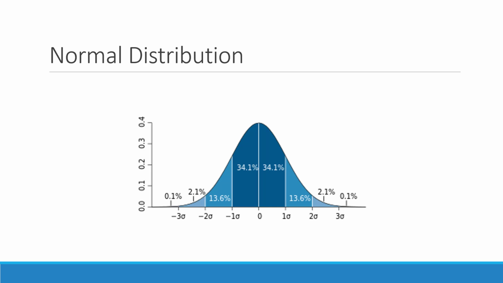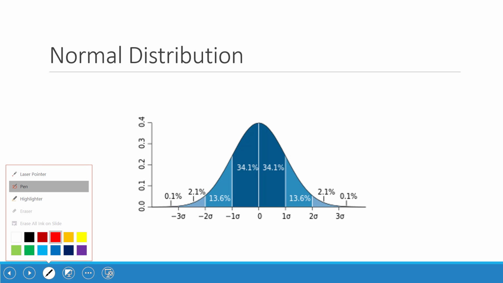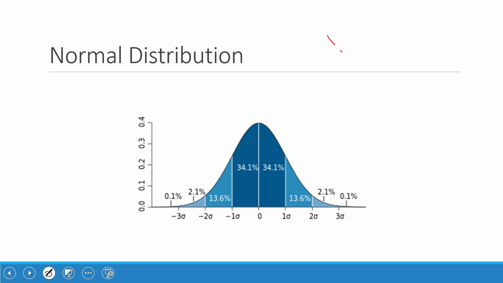It is often written as x normally distributed with mean mu and standard deviation sigma. You will also find sometimes the representation as mean mu, variance sigma squared, which is equivalent.